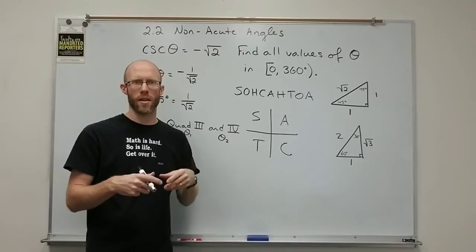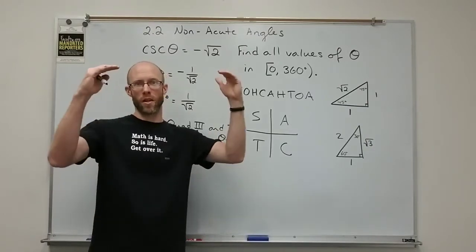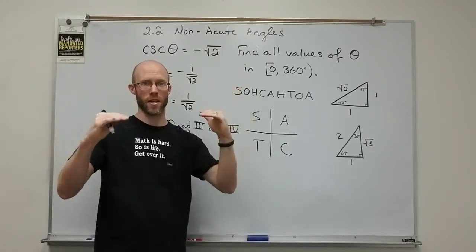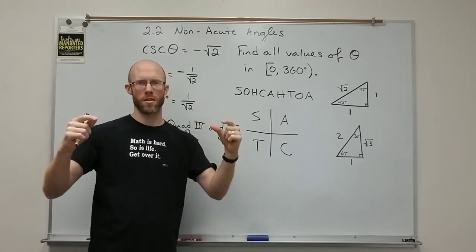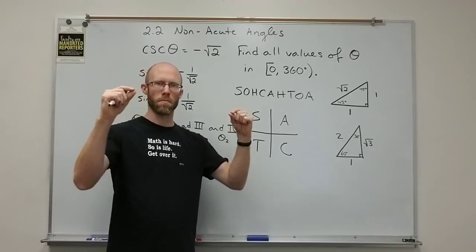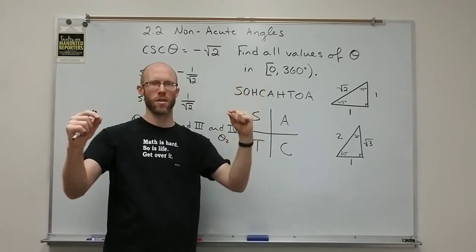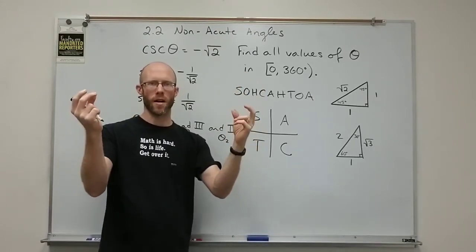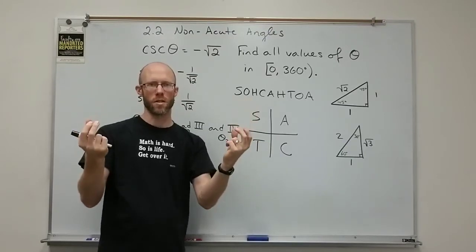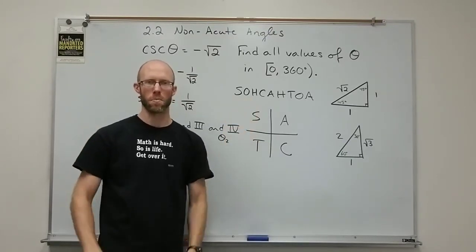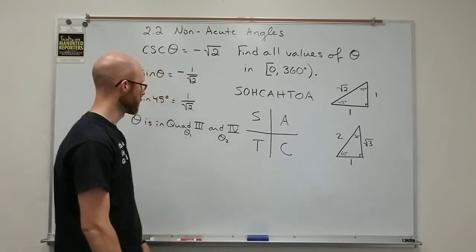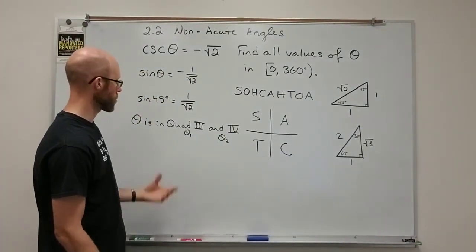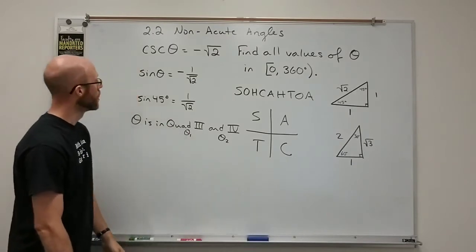It's not like an algebra problem where you're solving an equation, it's like subtract this from both sides and all the way to the end. This is more of just like thought process, like you're trying to identify different pieces that you need, and then tinker and reason until you've figured those pieces out, and then put them all together at the end. So it's like a giant puzzle to put together. So that's what I'm trying to work through.